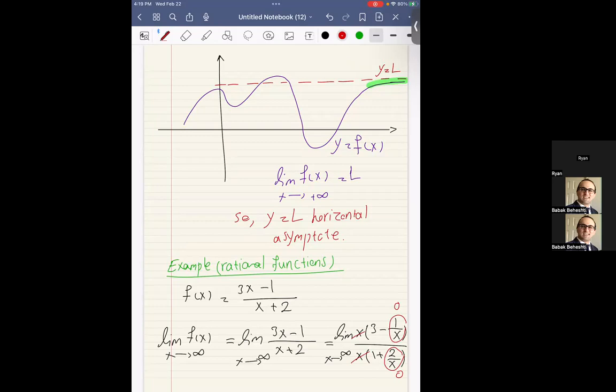So this limit is equal to 3 over 1, which is equal to 3. So that means that this function has a horizontal asymptote that is y equal to 3. So y equal to 3 is a horizontal asymptote.